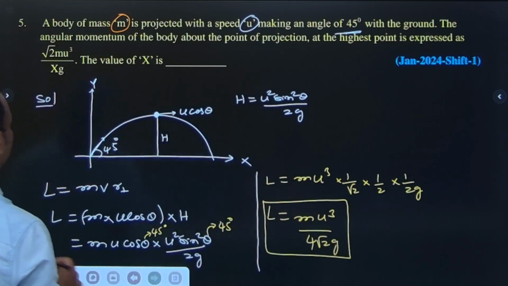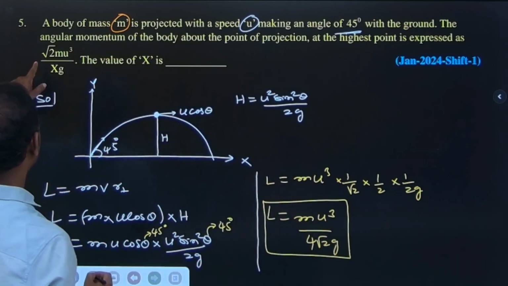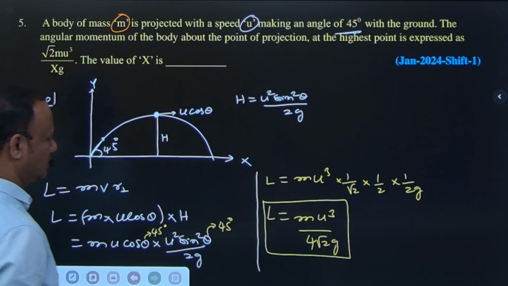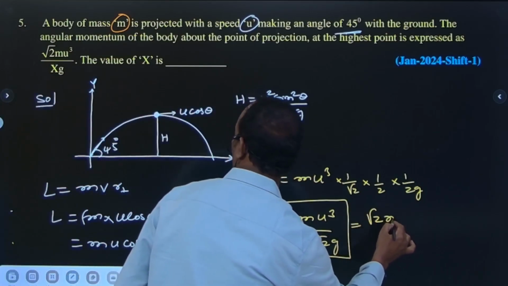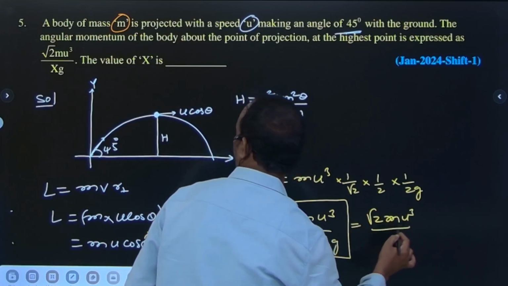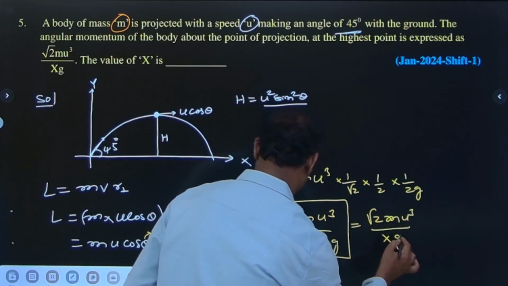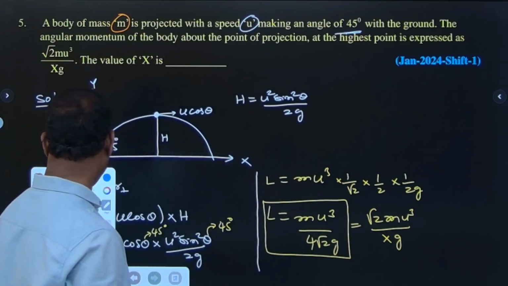It is given as root 2 m u cube by xg. So just go for the simplification.